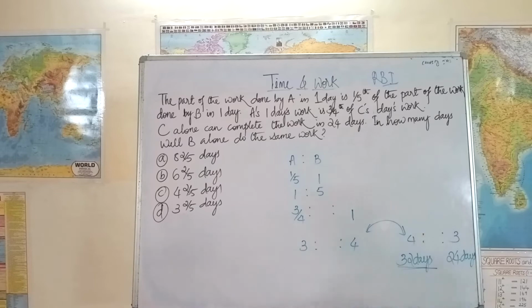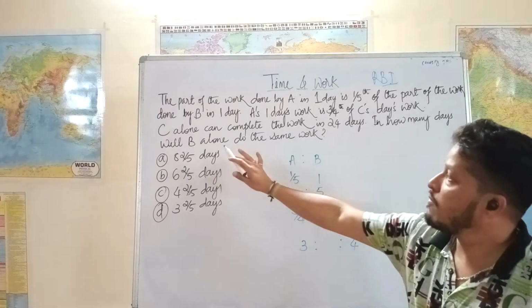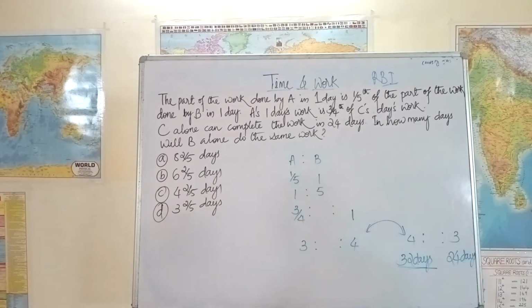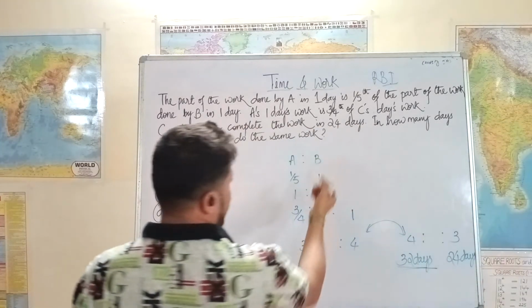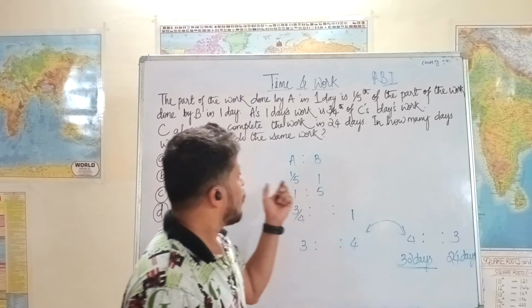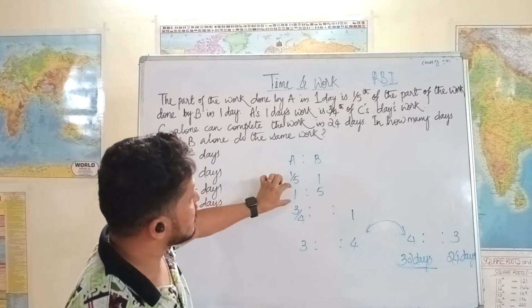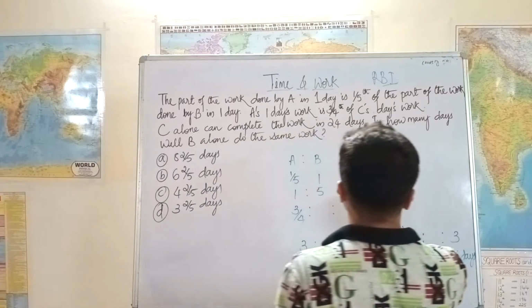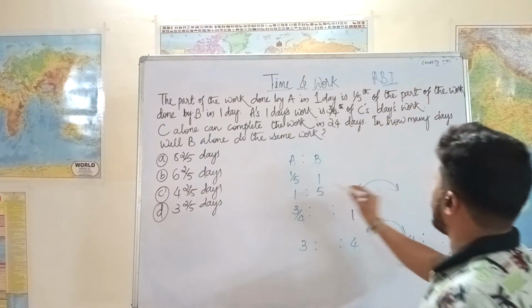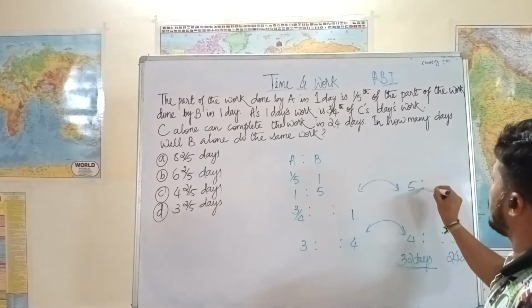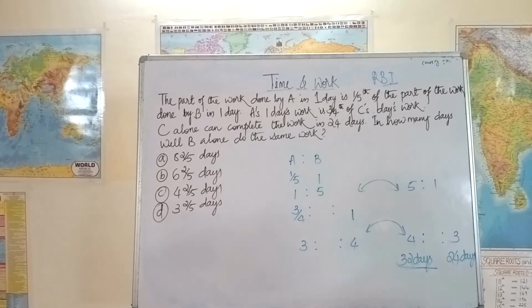But our question is, in how many days B will take to complete the same work? If A takes 32 days to complete, how much does B take? See, 1:5 is the efficiency ratio. The time ratio would be reverse of it. That means if A takes 5 days, B would take only 1 day.